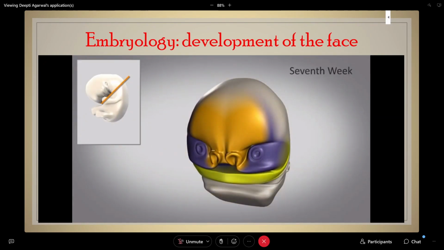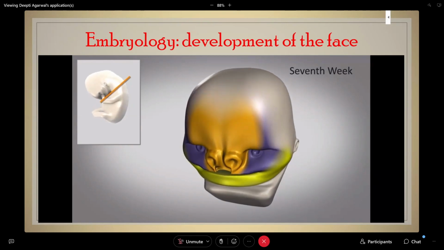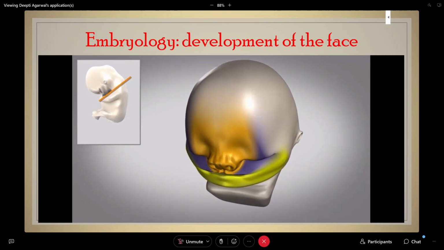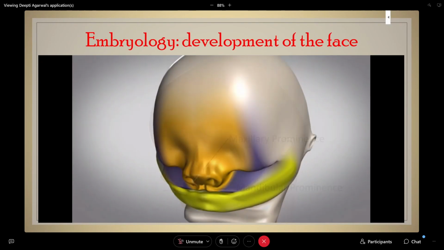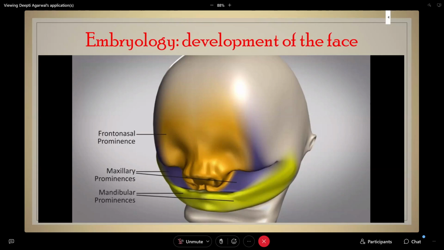In the 7-week-old embryo, the maxillary prominences grow and fuse to form the border of the nostril and the upper lip. Merging of the maxillary and mandibular prominences forms the cheeks and the corners of the mouth. The philtrum of the upper lip and palate are also created at this time. In this flurry of activity in the first 7 weeks after fertilization, the 5 facial prominences give rise to the formation of the forehead and sides of the face, middle and sides of the nose, the philtrum, the upper lip, the palate, and the lower jaw.